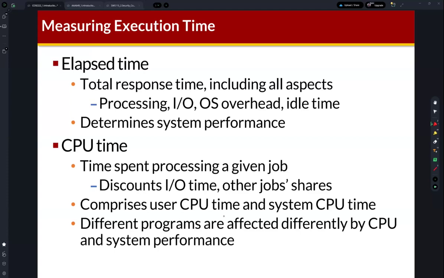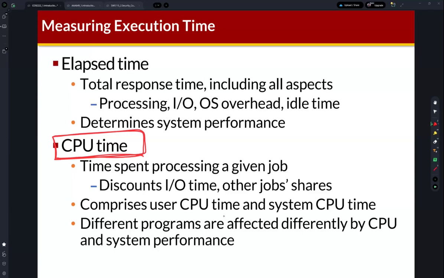So when you mention the response time or the performance of a single application, it just means CPU time. Okay, so actually the real elapsed time is influenced by many factors. So we just focus on the CPU time.